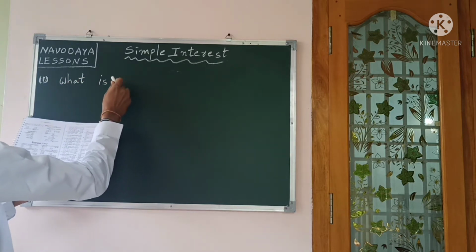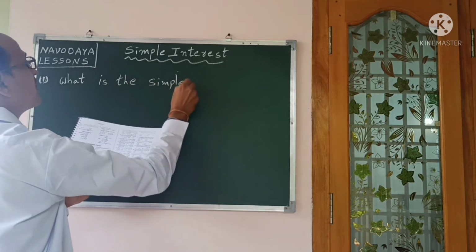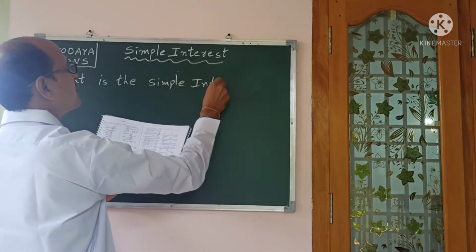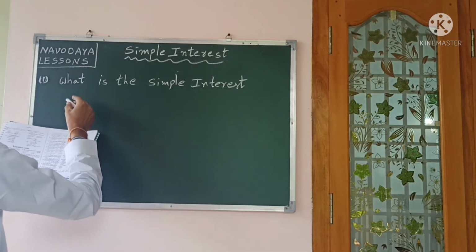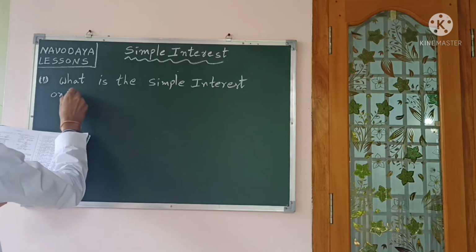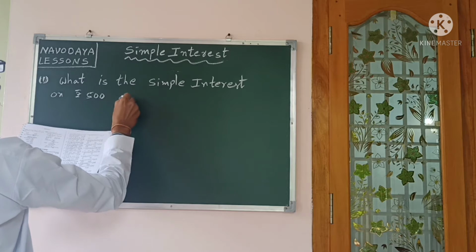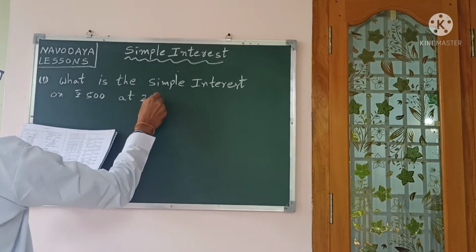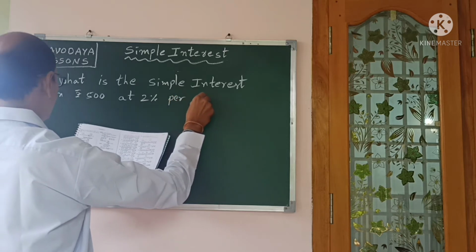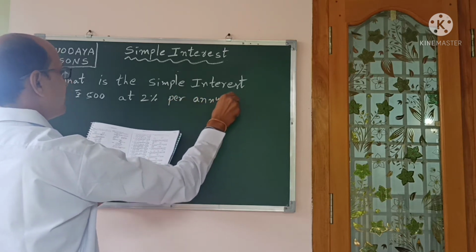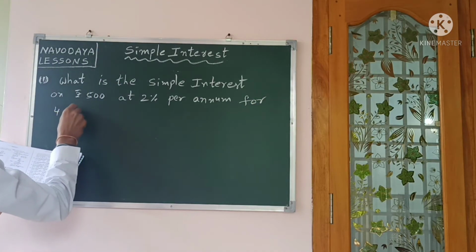What is the simple interest on rupees 500 at 2% per annum for 4 years?